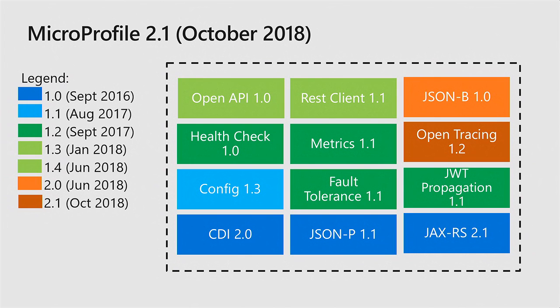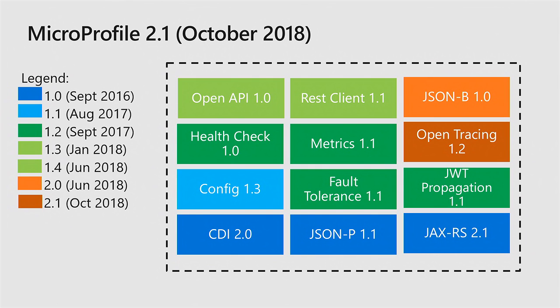I did want to go over a little bit about MicroProfile. Basically, there are three things that it started with, which is context and dependency injection, that's CDI 2, the bottom row of what you're looking at on the screen right now. It started back in September 2016 with context and dependency injection, which is basically a way of managing microservices, and then JSON for reading JSON, and then processing REST with JAX-RS.